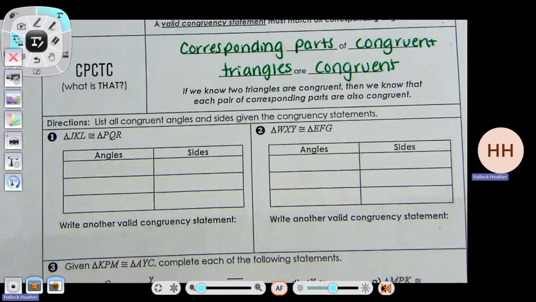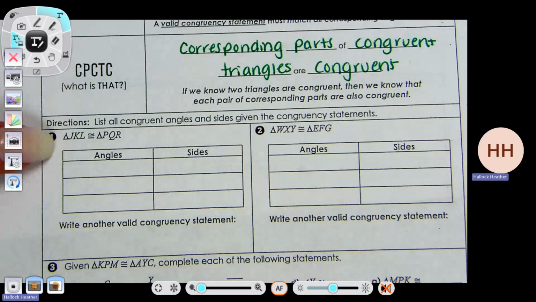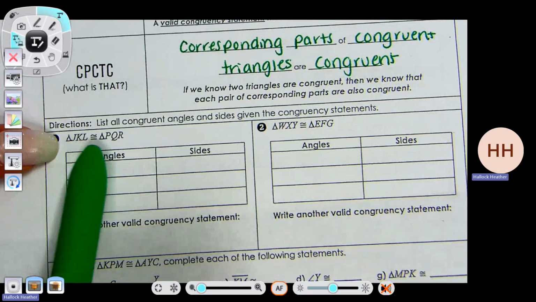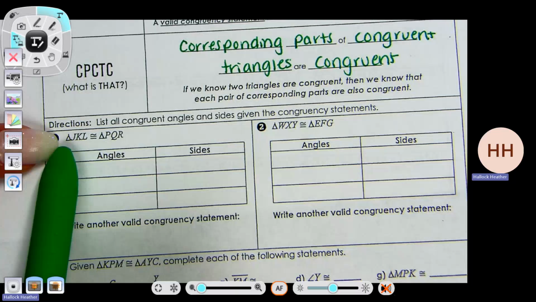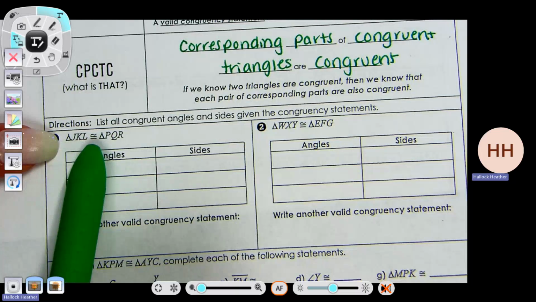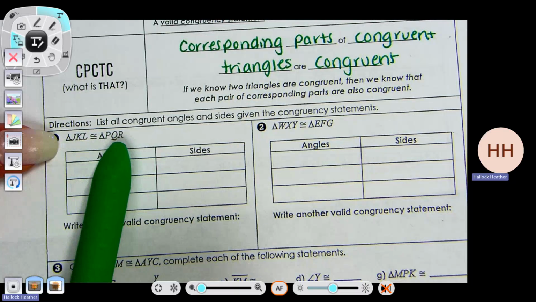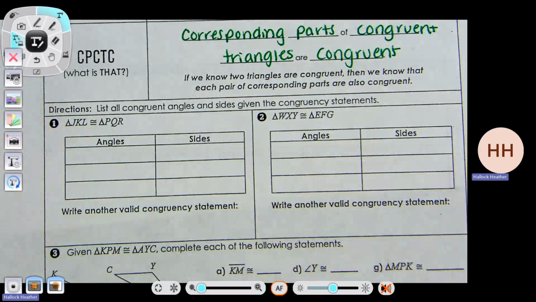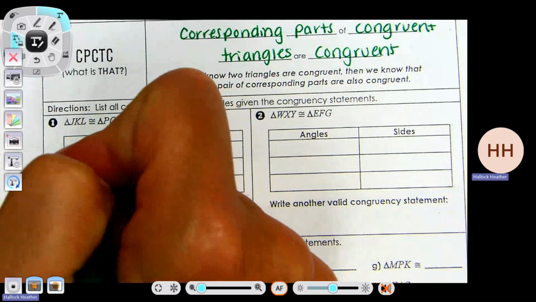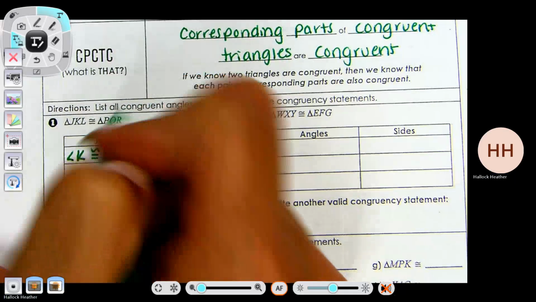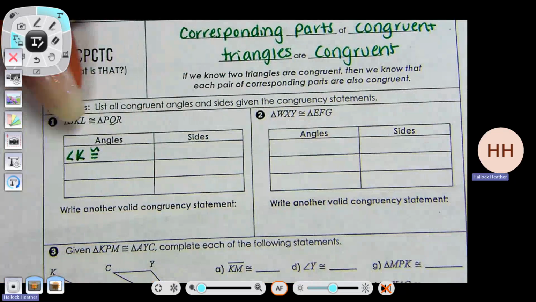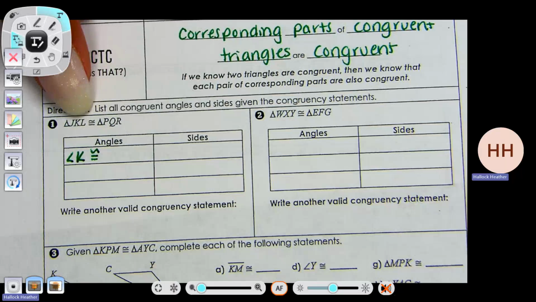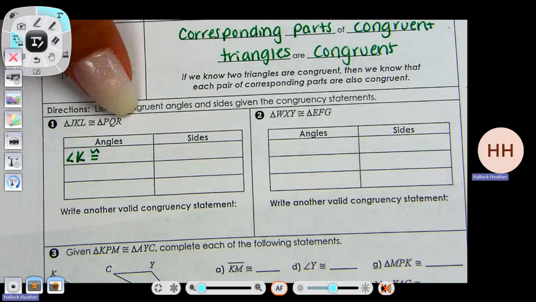So without a picture, if I look at my statement, so this statement is important, you know how to read this. It says triangle JKL is congruent to triangle PQR. We're going to fill these in, and I'm going to write random things because there's not one way to write it, but however you write the first statement determines how you have to write the second. So if I say angle K is congruent to another angle, K, notice, is in the middle. What letter does that match with on the other statement?